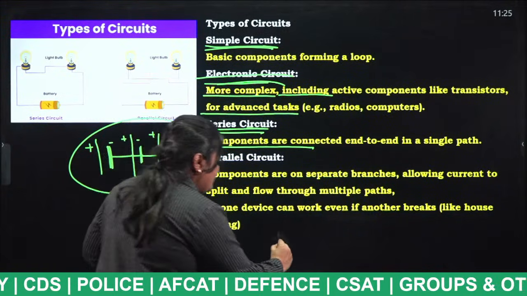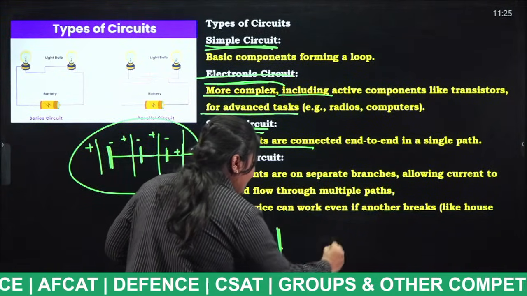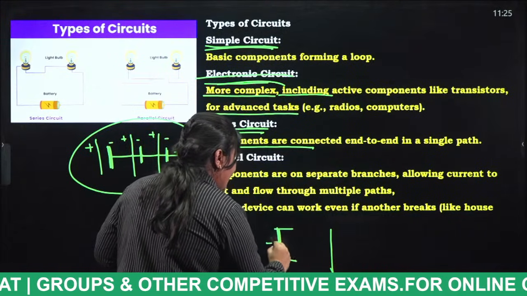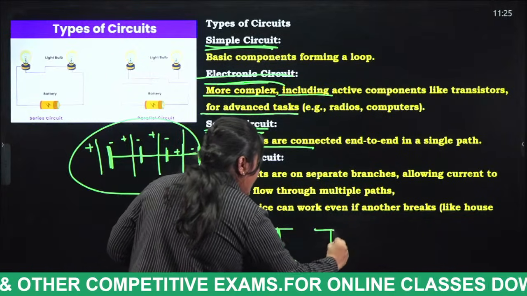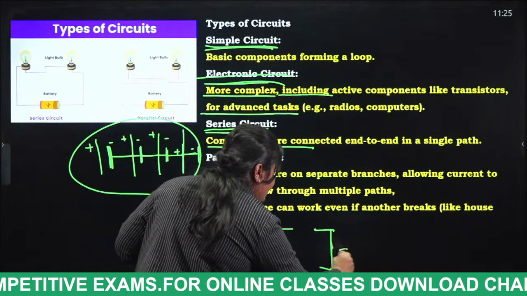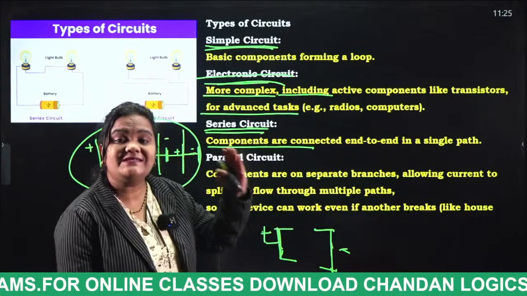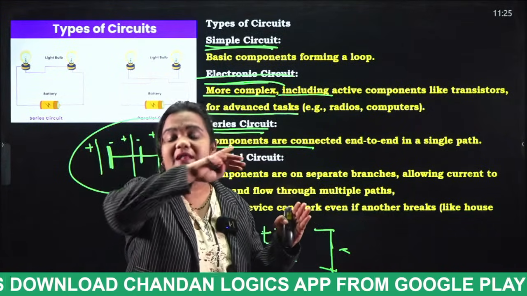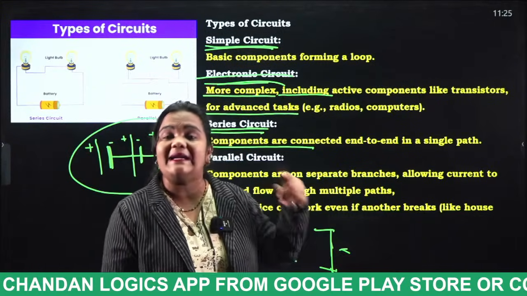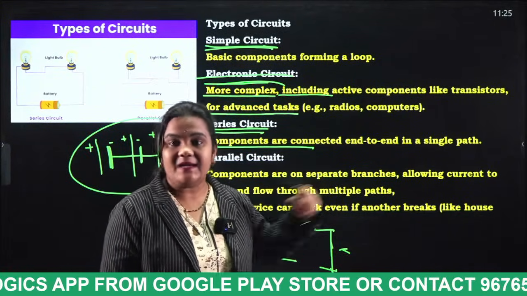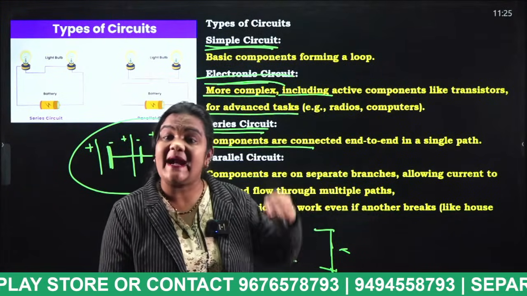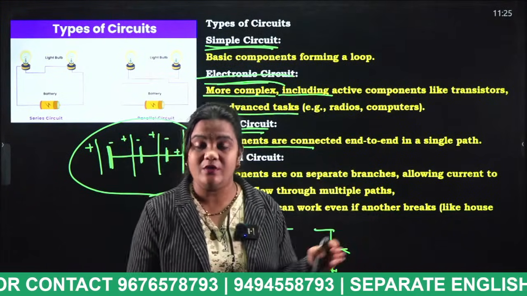So this is current actually. All the things are connected to positive, and all the things are connected to negative. If on one side all the appliances are connected to positive and on the other side all the appliances are connected to negative, that type of connection is considered as parallel connection. In this parallel connection, voltage is the same but the current is different. So know the difference, students.